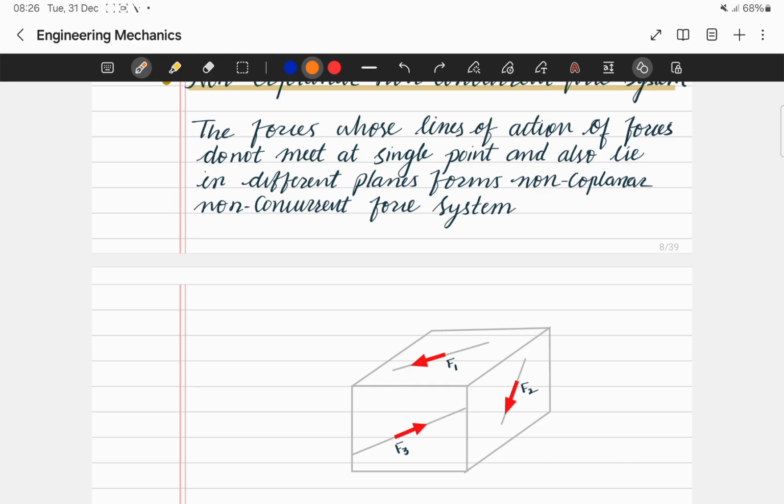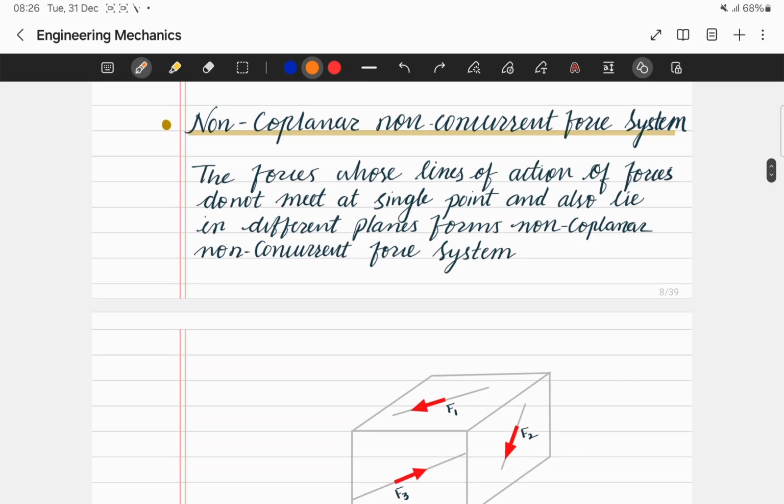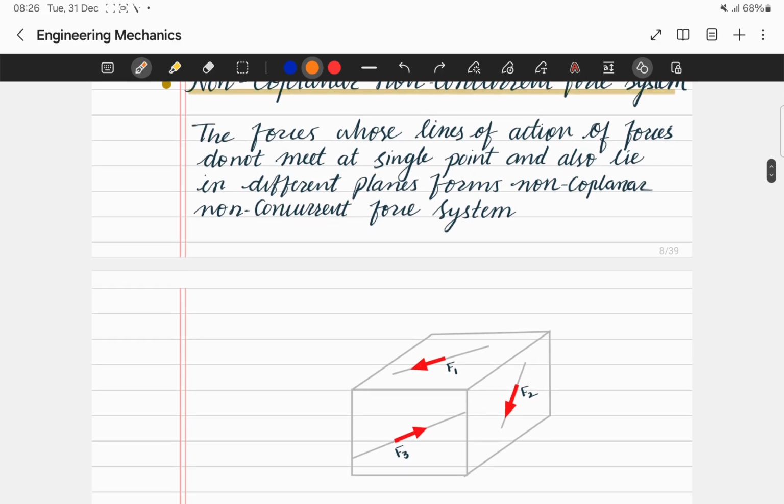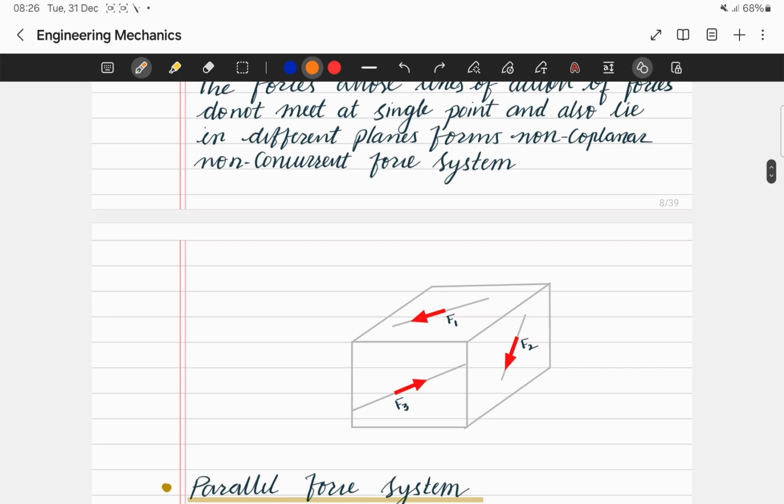So they are non-coplanar and they are non-concurrent. So such a force system is a non-coplanar, non-concurrent force system. The forces whose lines of action do not meet at a single point and also lie in different planes form a non-coplanar, non-concurrent force system.